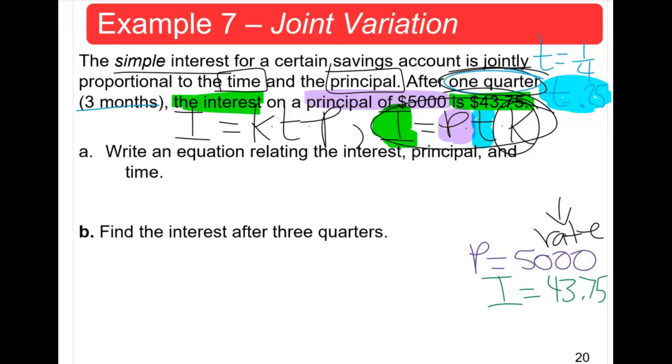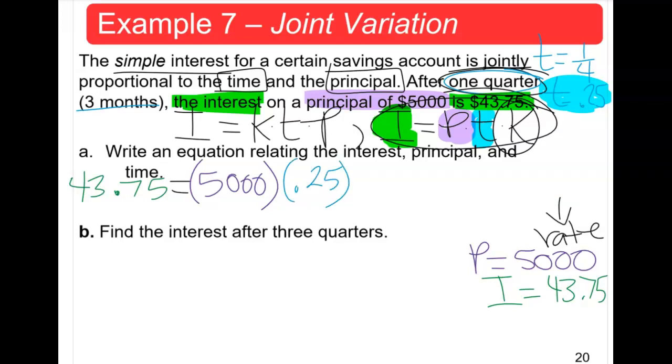So instead of interest, we write 43.75. Instead of the principal, that will be 5,000. And then instead of T, we write 0.25. And then we'll have K here. That's what we're solving for. All right, so I'm going to multiply these two numbers.